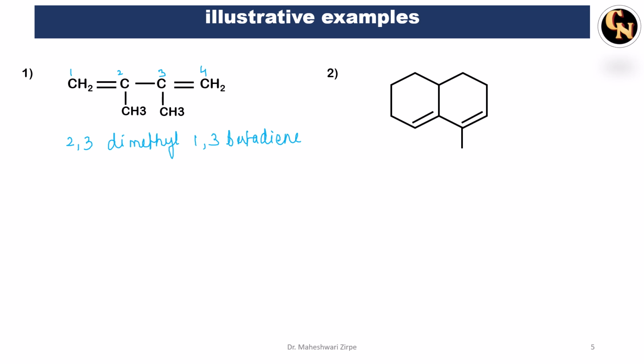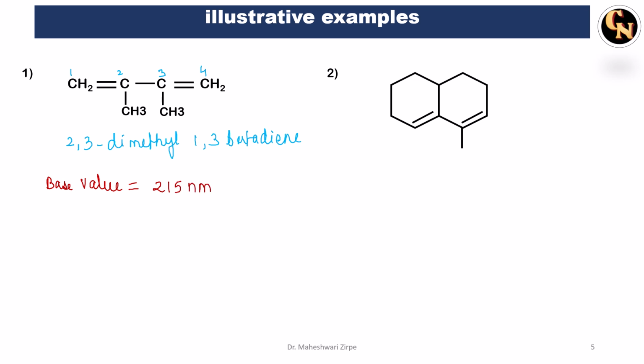On the second carbon there is a methyl, on the third carbon there is a methyl, so it is 2,3-dimethyl-1,3-butadiene. Okay, so let us start calculating it. We are going to find the lambda max value. For this, the first thing you are going to do is write the base value. And from the previous table which I have shown you, the base value for dienes is 215 nanometers.